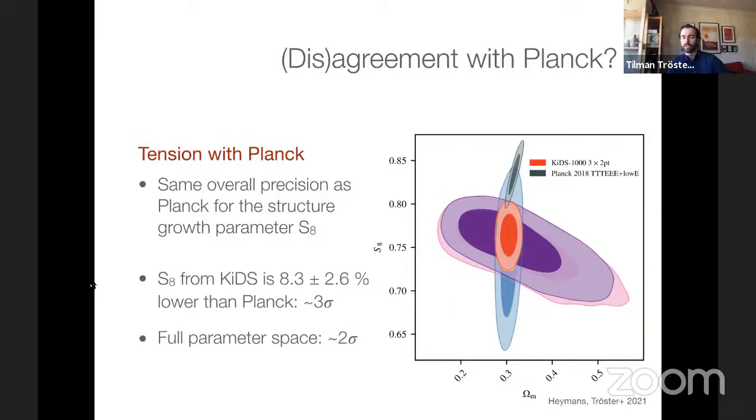But it wouldn't change much. Because you see here, the galaxy clustering essentially constrains omega m. So you just cut that S8 omega m shape somewhere at a specific omega m.